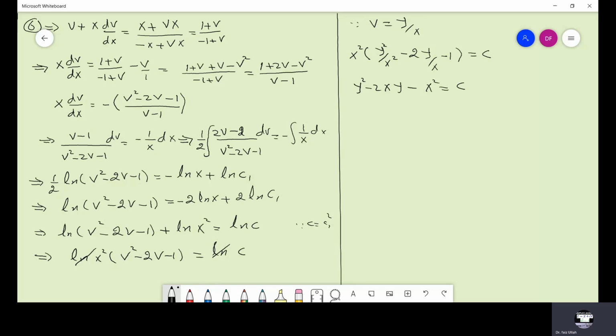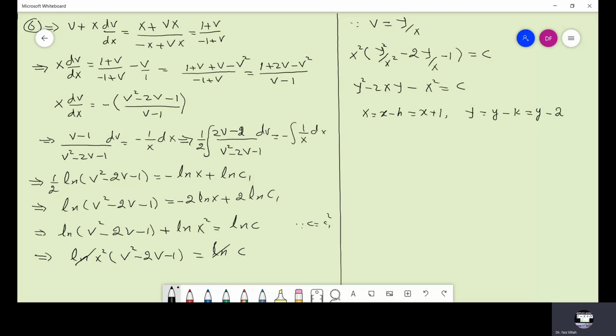Now again, re-putting the value of capital Y and the value of capital X. So we know that capital X is equal to x minus h. And we know that h is, let us see the value of it, which is minus 1. So this is x plus 1. Similarly, capital Y is equal to small y minus k. And we know that the value of k is 2.